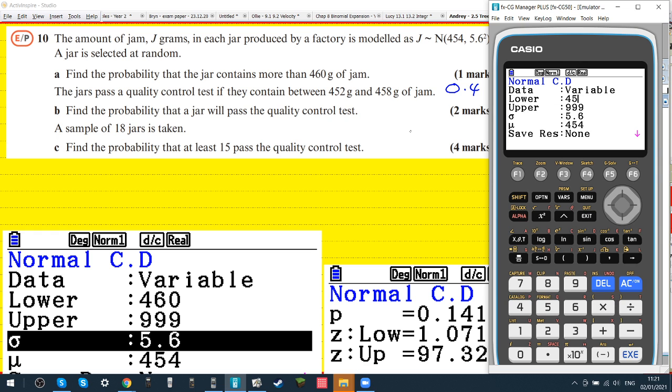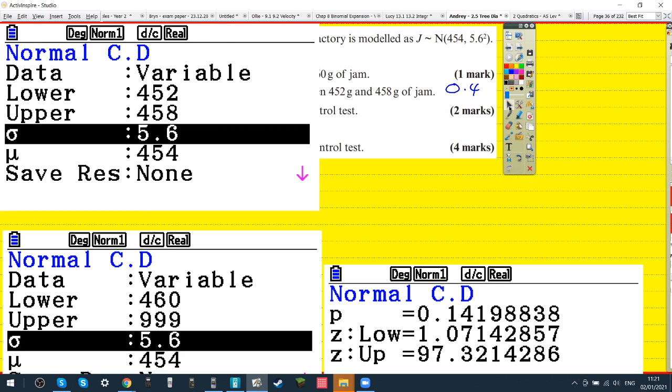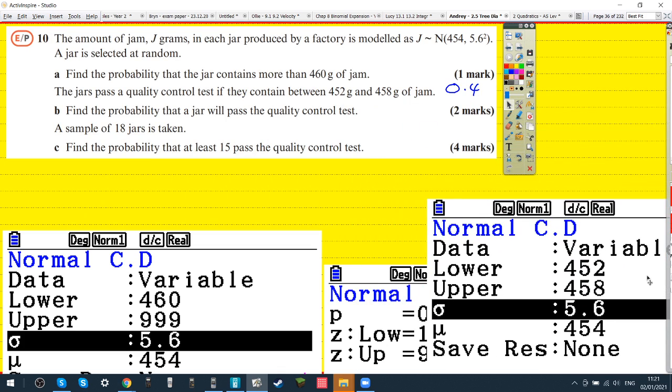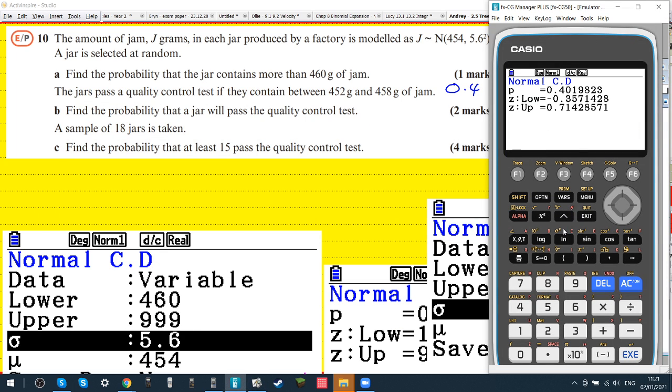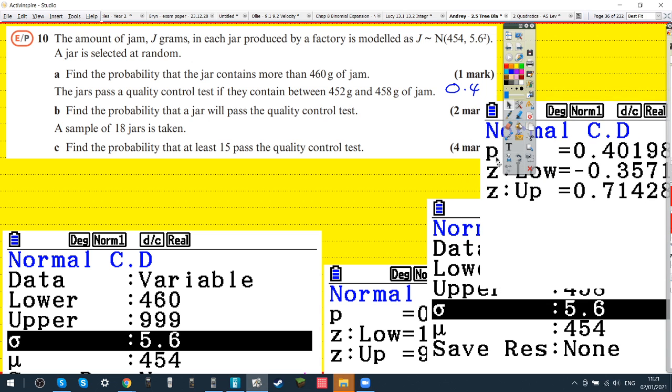Okay, I think now I need to do binomial. So I'm adding lower 15, upper 18.